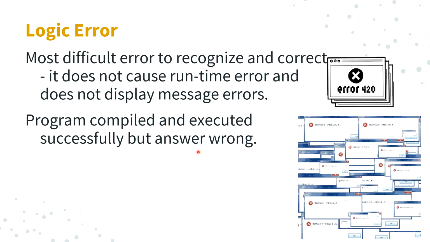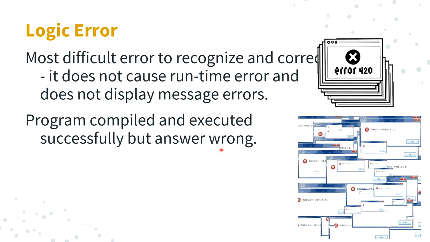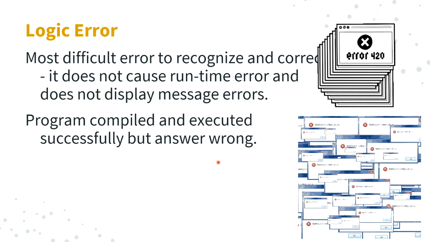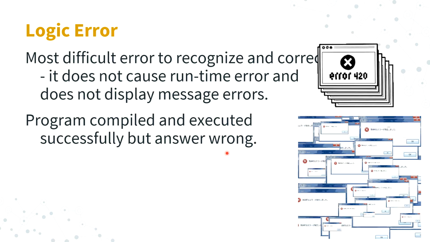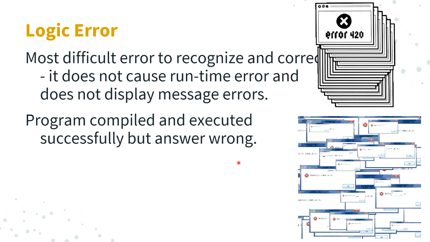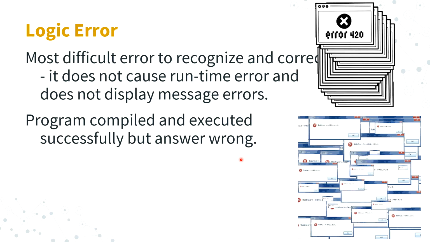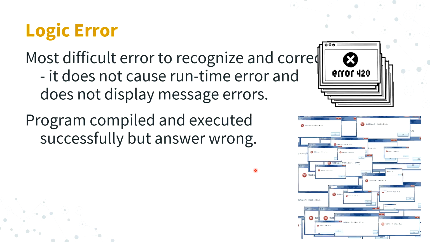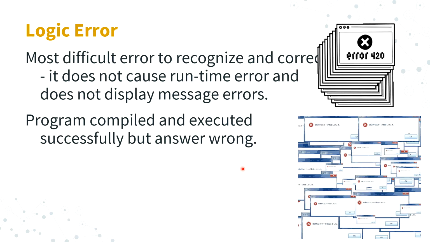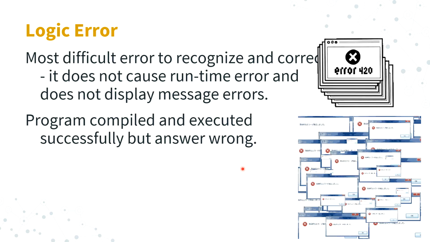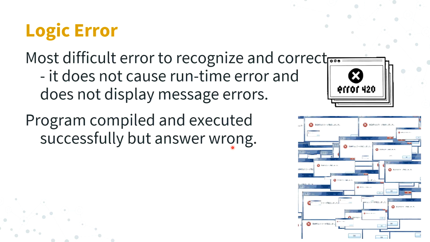But the final answer it gives you is completely wrong. So this is dangerous. Alright, so the computer did exactly what you told it to do. The problem is that your logic was flawed. You do everything right and it doesn't detect, display, or give you any helpful message regarding errors on your screen.